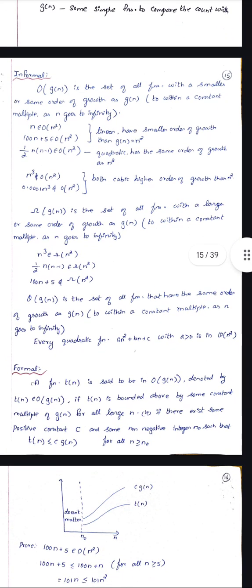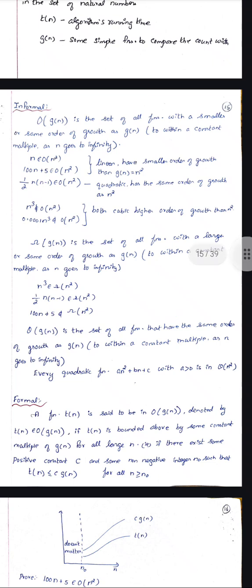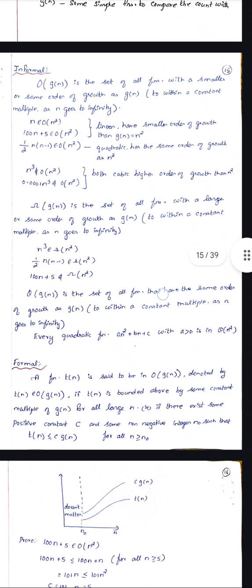Omega of g of n is the set of all functions with a larger or same order of growth as g of n. These are the definitions of big O of g of n, big omega of g of n, and theta of g of n. Big O of g of n is the set of all functions with a smaller or same order as g of n.